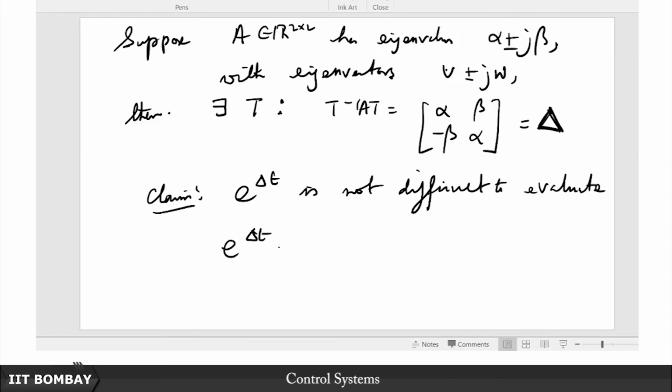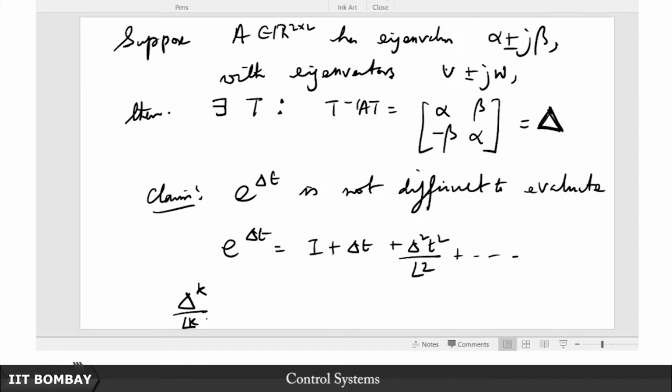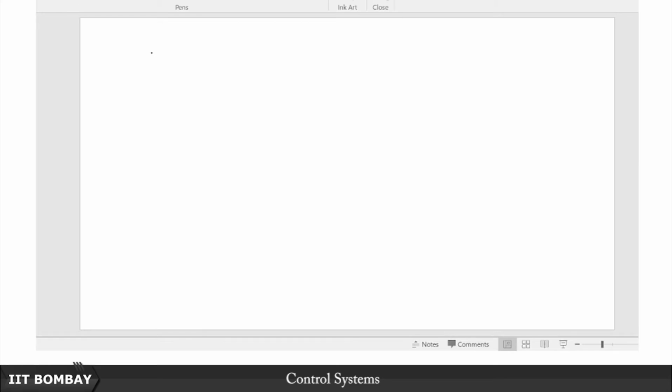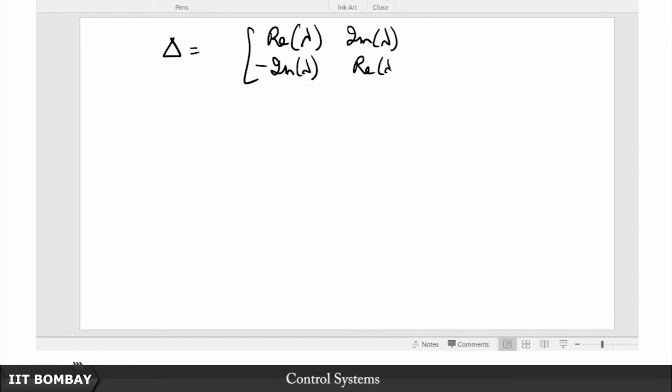e to the delta t is going to be I plus delta t plus delta squared t squared by factorial 2 plus dot dot dot. So the key again is to observe whether there is any pattern in delta to the power k by factorial k. What is the pattern in this? Notice that delta in its rudimentary form is nothing but the real part of lambda, the imaginary part of lambda, then the negative of the imaginary part of lambda, and again the real part of lambda.